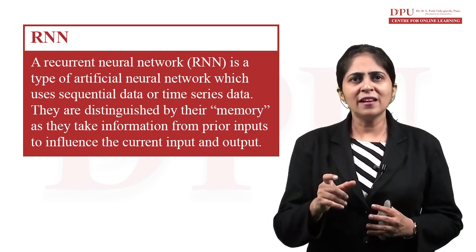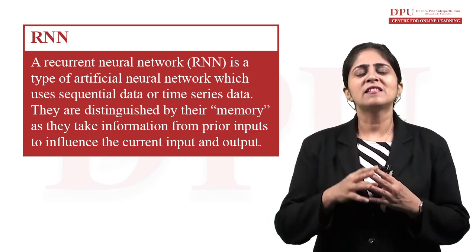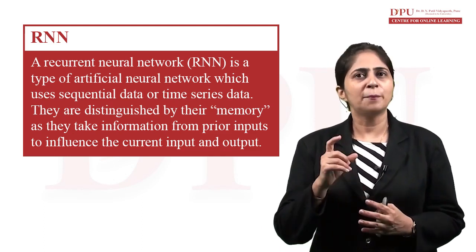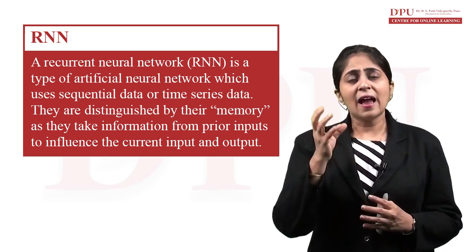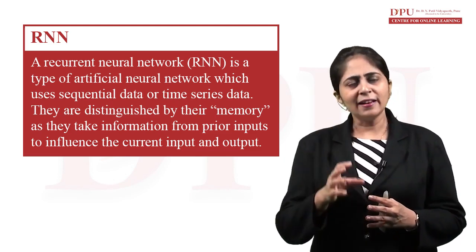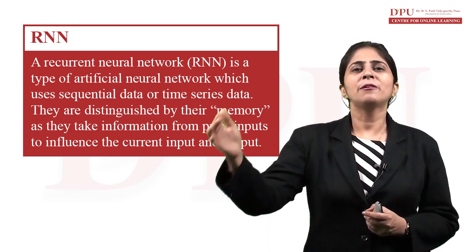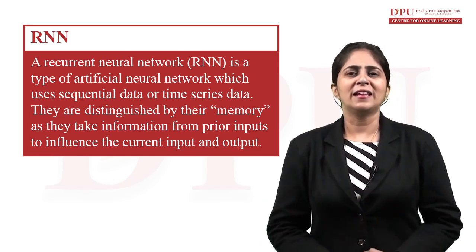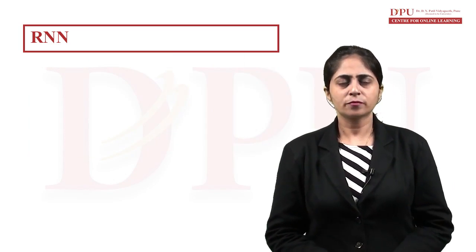So, the basic thing which distinguishes this RNN from the feed-forward neural network is our memory. They have a memory which stores the output of one layer, and if required, this output can be fed back to the input of the previous layer to obtain the correct result.